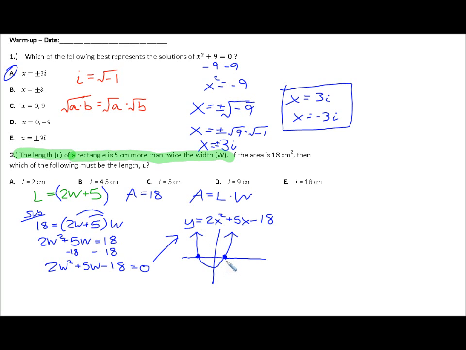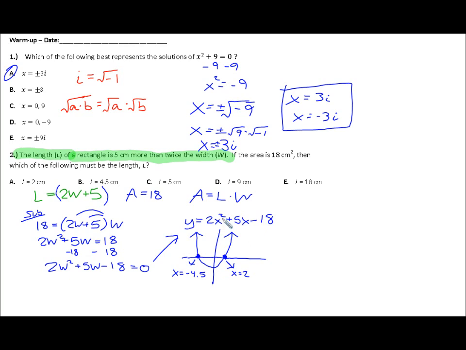Now, I'll save the trouble of going through the whole graphing calculator process, but one solution is at x equals 2. The point (2, 0) is on the graph, in other words. The other point is over here at x equals negative 4.5. So there are two possible solutions for this equation.